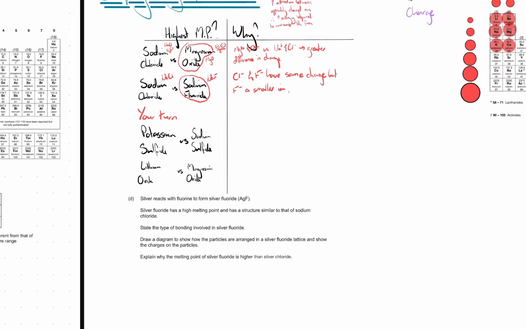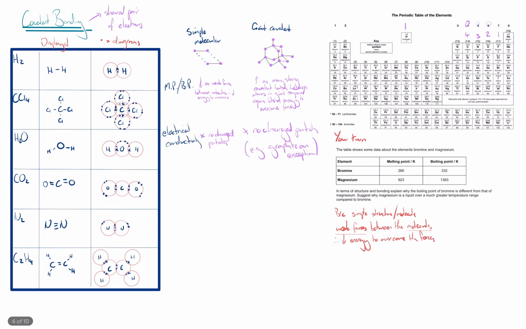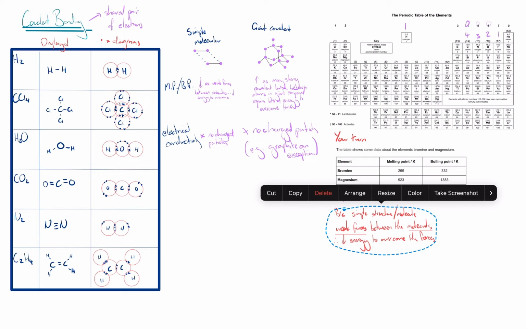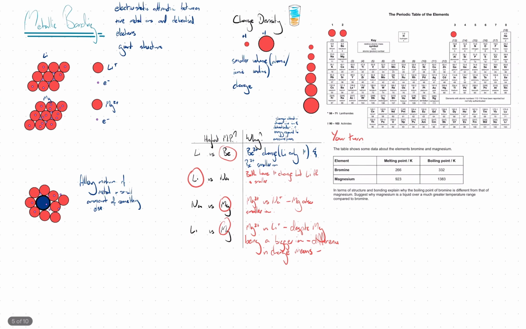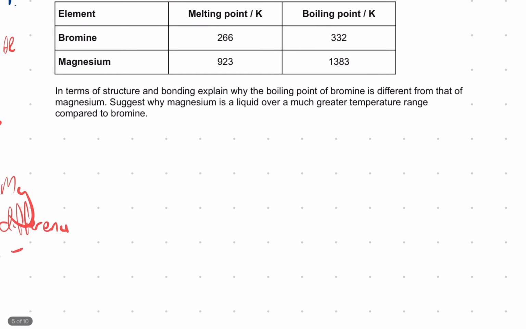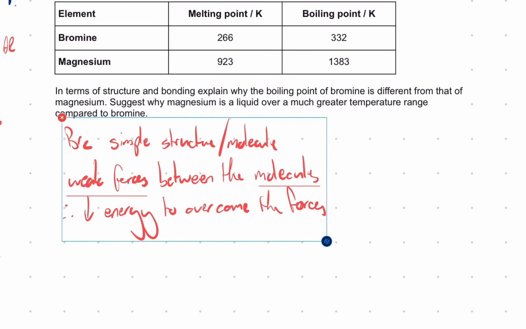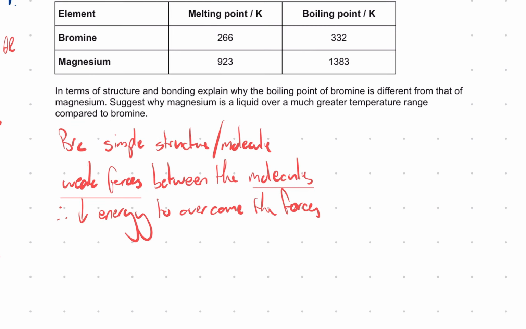Now on to what we did last time. If you remember, this was a two-part question. So we had our bit on bromine, which we answered at the end. We said the bromine was a simple structure or molecule, weak forces between the molecules, therefore less energy to overcome the forces.